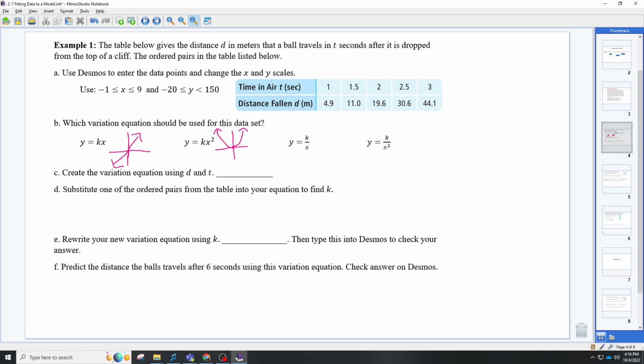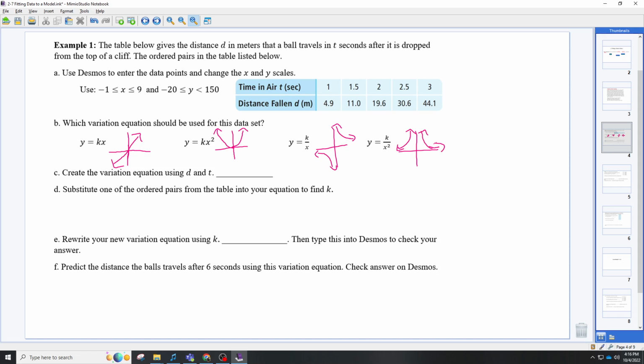Not the best drawing. Y equals k over x, they're like these ones that have two separate branches in opposite quadrants. And then y equals k over x squared has a branch on the top, kind of like the previous one, but it has a branch next to it.